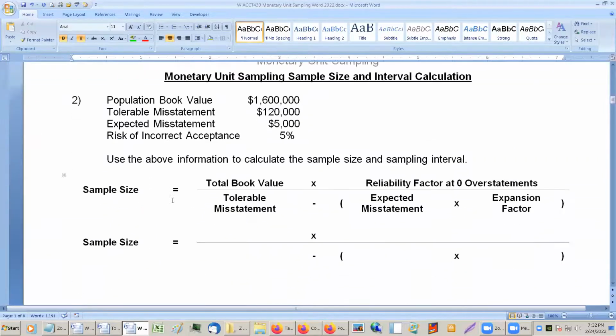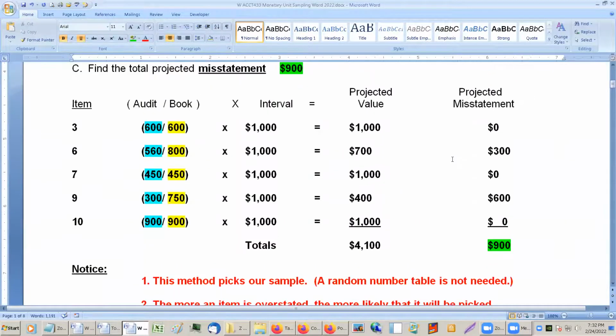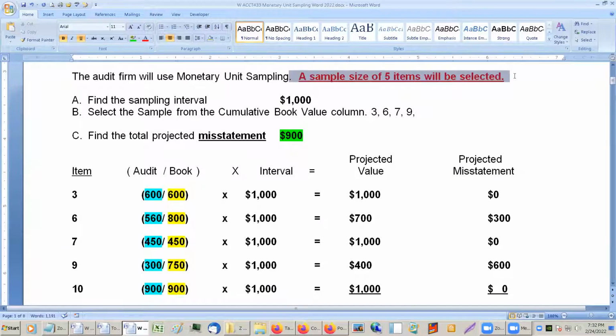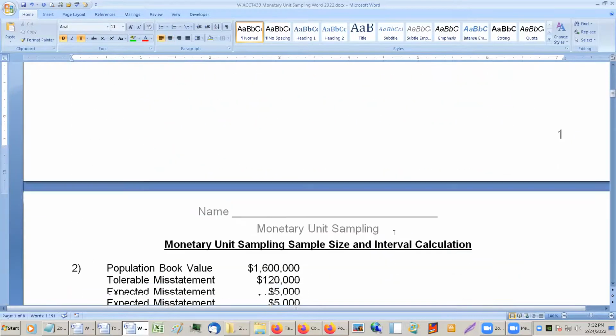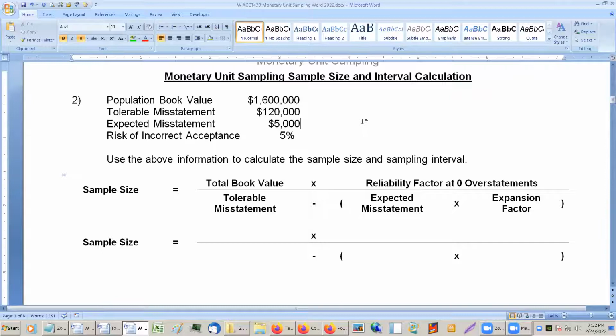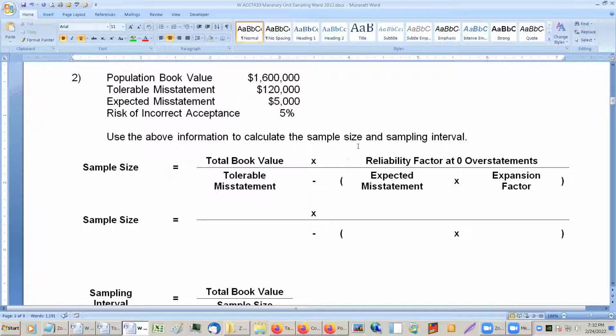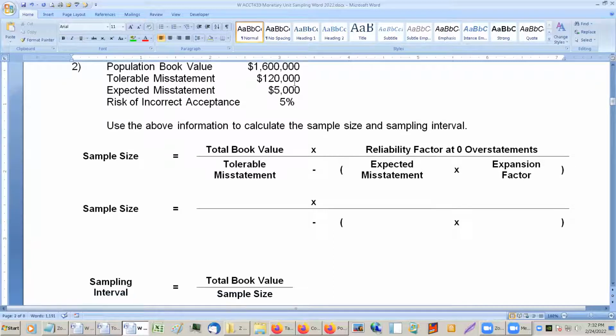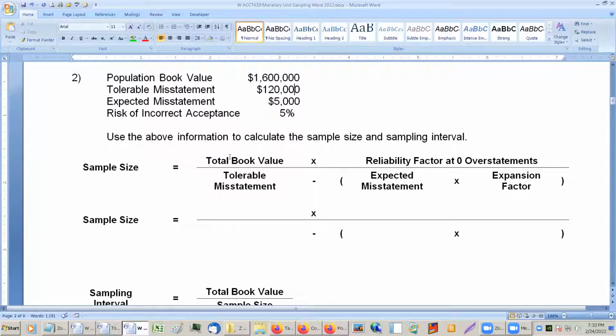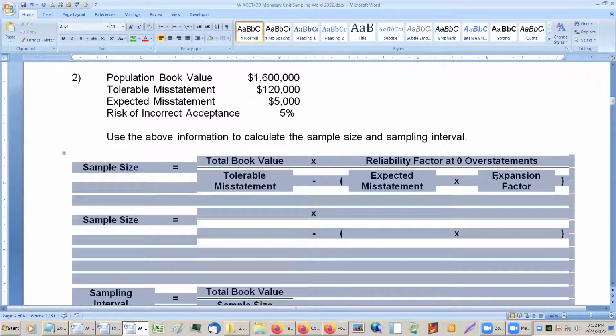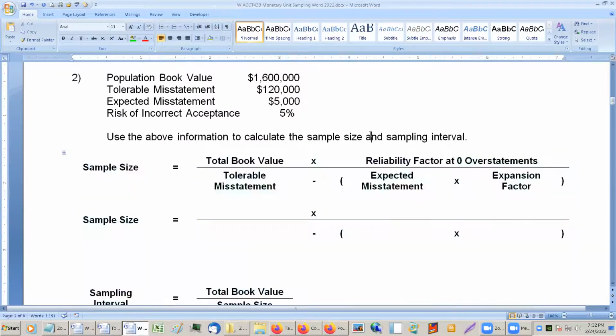Okay. Now, on this one, I gave you the sample size of 5, but there actually is a formula to use to get that sample size. It's down here. It looks a little bit convoluted, but it actually is much easier than the classical sampling one. Anyway, this is the formula, and let's just jump right into it.